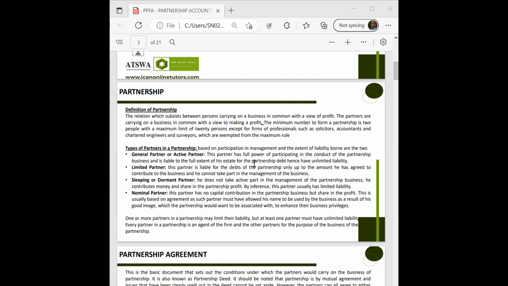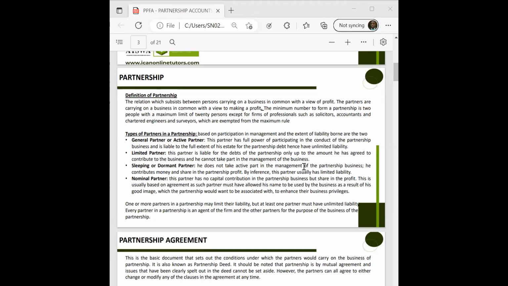Remember when we looked at limited liability company, their liability is limited to what? To the value of money that they have in the company, to the shares, to the equity that they have in the company. So these types of partners are based on their participation in management and the extent of their liability.